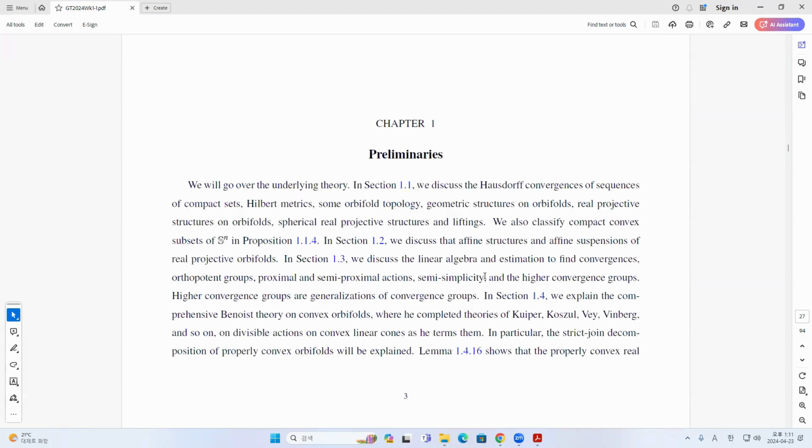To begin with, we will just start with some Hausdorff convergence and affine structure, and then some things on the general theory, also Hausdorff convergence theory, and so on. This is on the divisible actions and so on.